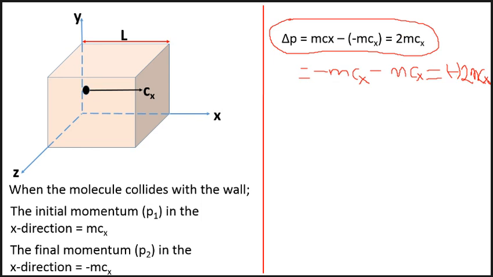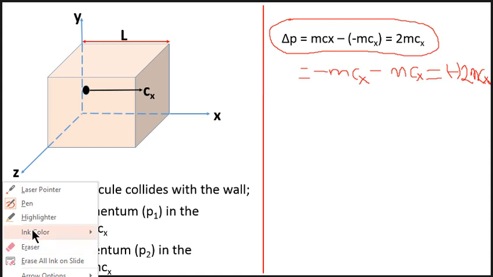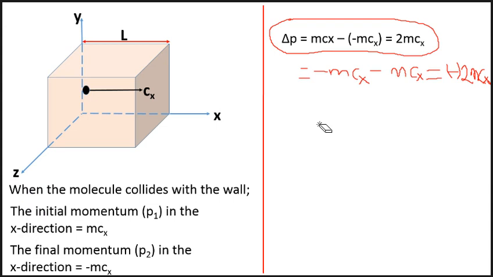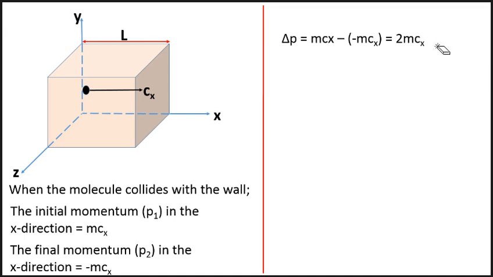Alright, so from here, having known that the change in the momentum is 2mcx, I can easily figure out the other parameters that have to do with the direction of the momentum.